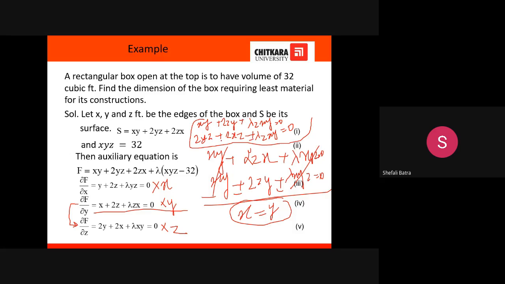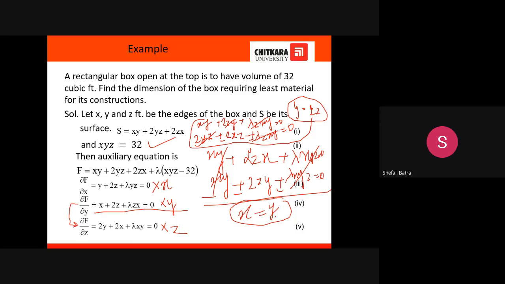Then subtract it. So 2yz minus 2yz cancels, this would be cancelled with this, and from here you get y is equal to 2z. Right? So you have this relation as well as this relation. Using these and the given condition, you need to find x, y and z.